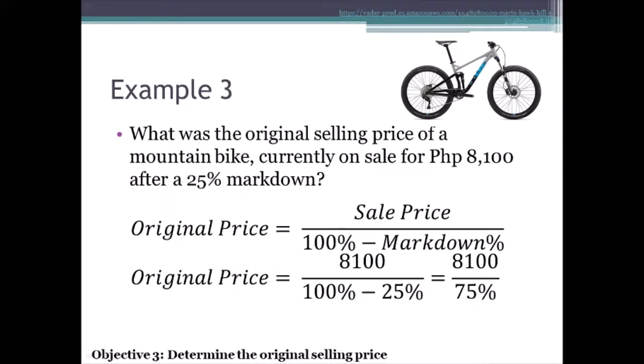The result is 10,800 pesos. So the original price of the mountain bike before the markdown is 10,800 pesos. Practice this formula in the next slide.